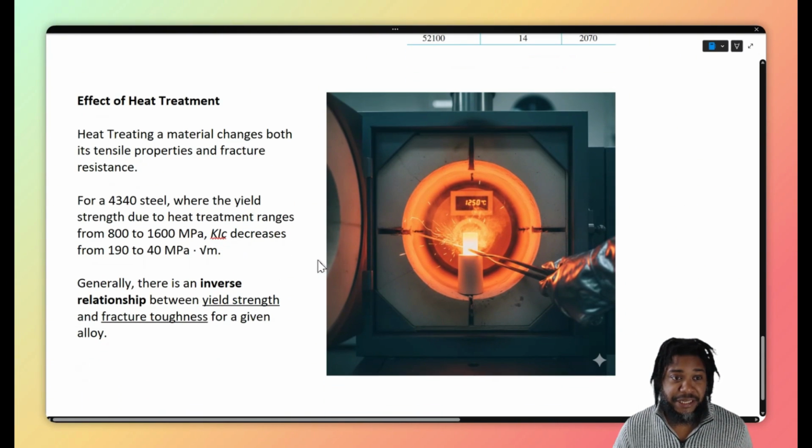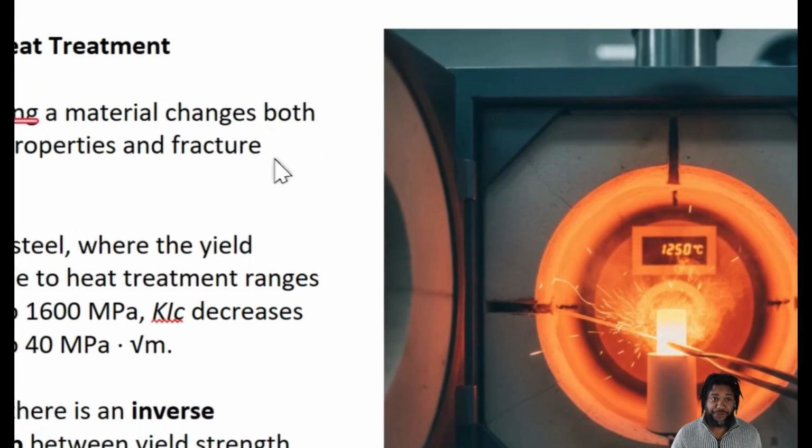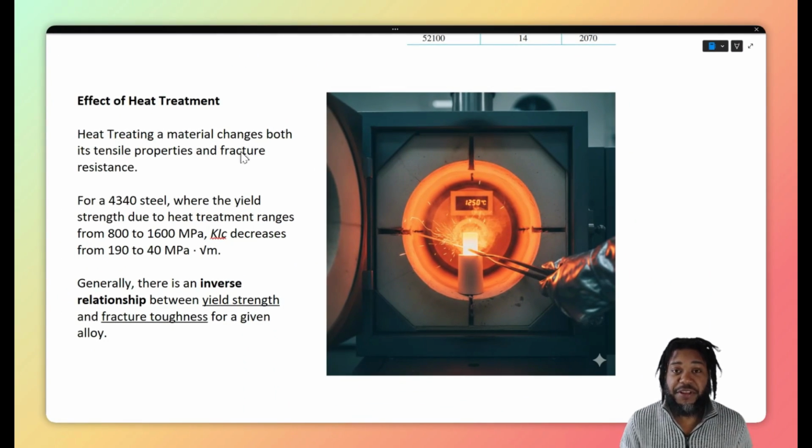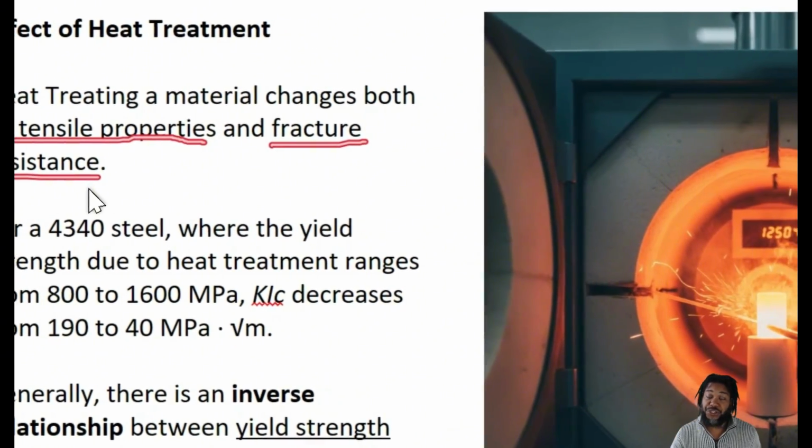Now, finally, a great way to look at that effect is in terms of heat treatment. When we heat treat a material, it changes the microstructure of our material. Whether it's through aging or quenching or annealing, that change in microstructure changes the properties. It changes both the tensile properties and the fracture resistance.